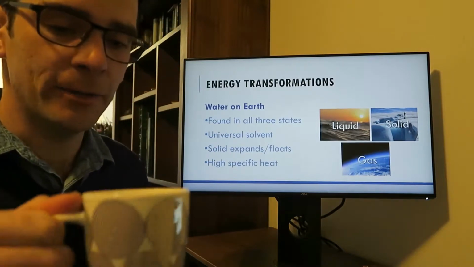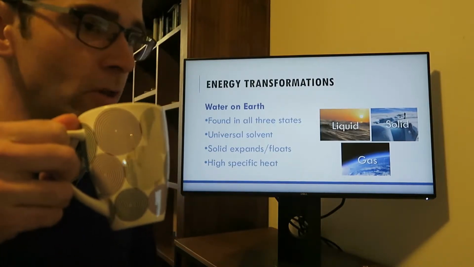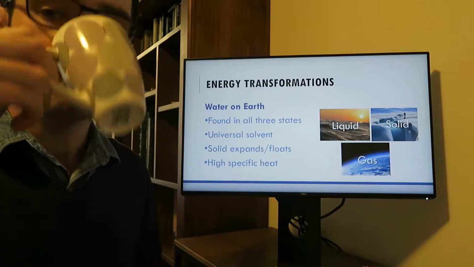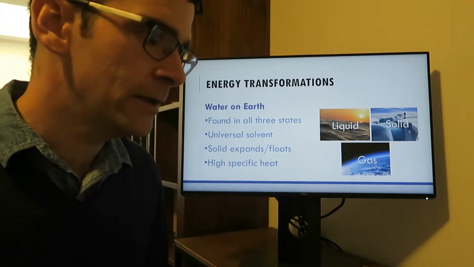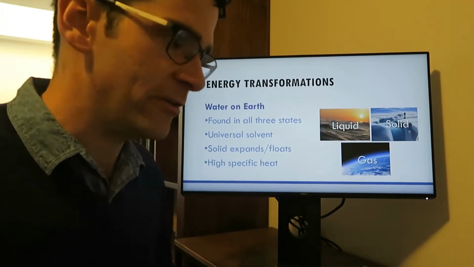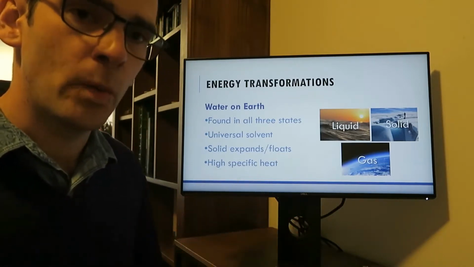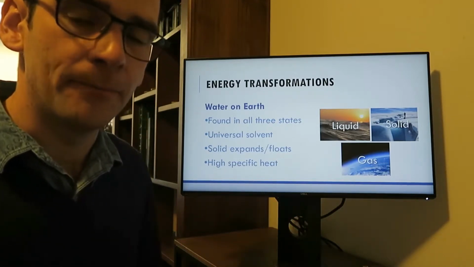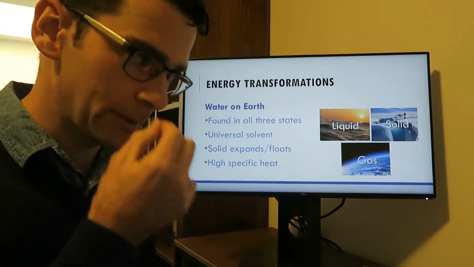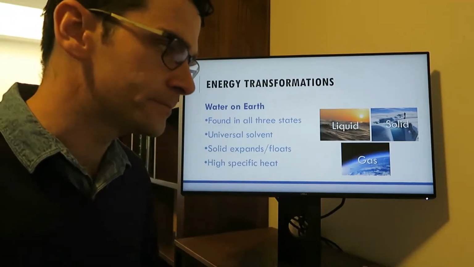You might not think this is particularly special, but not a lot of other planets are lucky enough to have water in all three of these states. And it's important because these three states can only exist when the pressure and temperature are just right, so they have to stay within a narrow band.